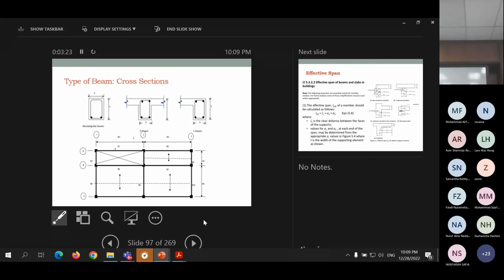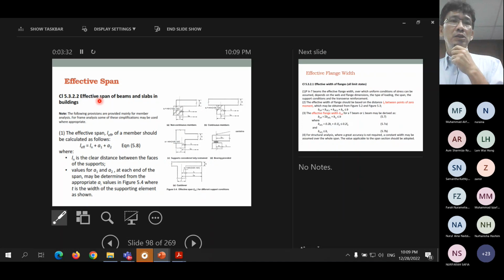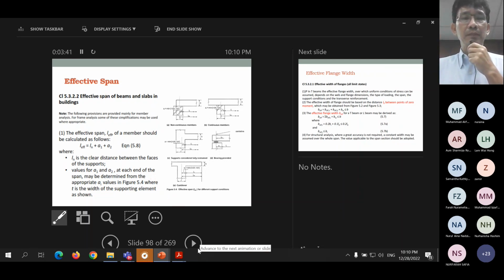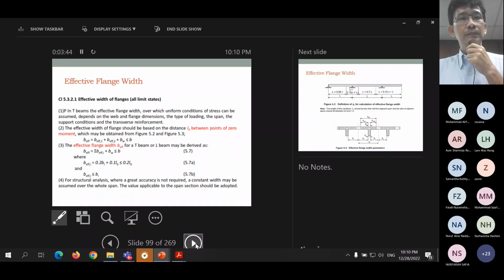Now, when we want to consider flange beam, because we consider the slab together, how wide the slab can we consider as part of the T beam or L beam? That is the first thing that we have to look at, and this is to look at the effective span, the effective span of the beam and also the effective span of the slab. For flange beam, we need to refer to clause 5.3.2.1, effective width of flange, because for how wide the slab we can consider, we must follow this rule to determine the effective width.